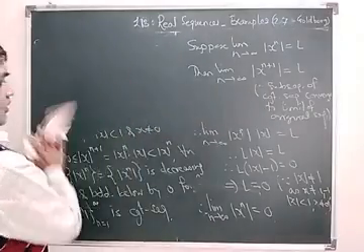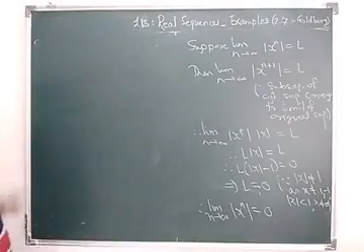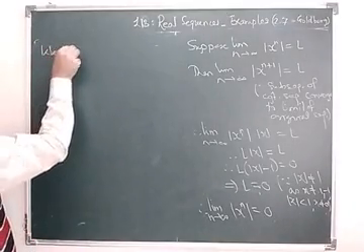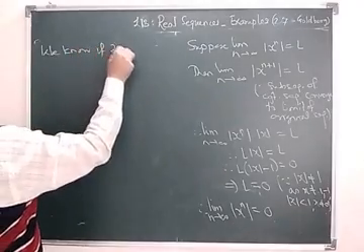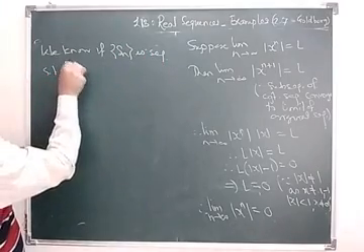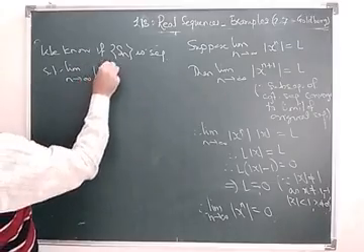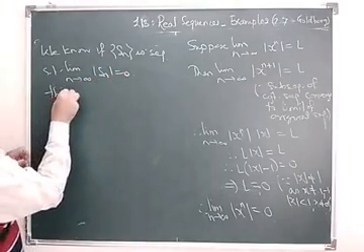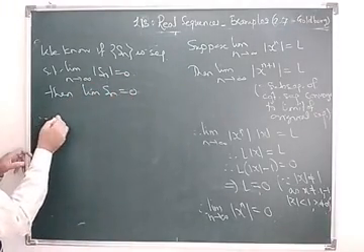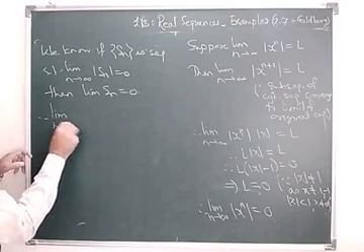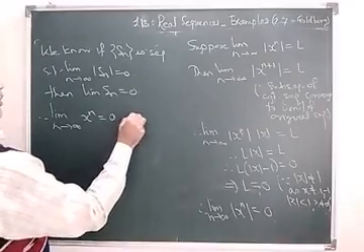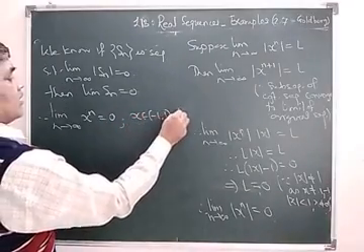Now we know the result: if Sn is a sequence such that limit n tends to infinity of mod Sn is 0, then limit of Sn must be 0, and therefore limit n tends to infinity of x raised to n must be 0, for x belongs to minus 1 to 1 except 0.